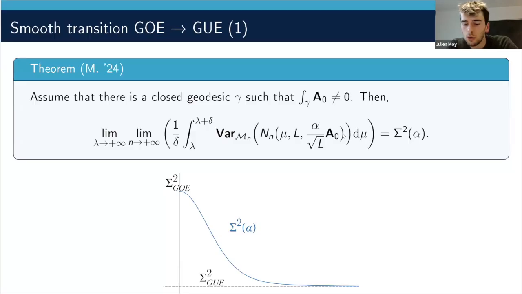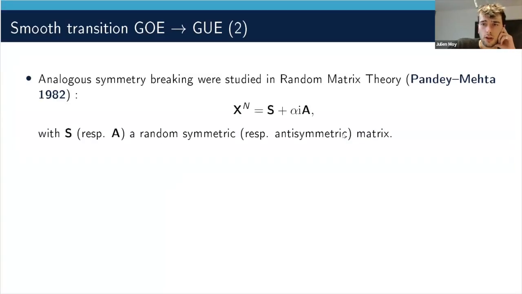Okay, so I want to point out that there is an analogous way to break time reversal symmetry in random matrix theory. And it was done actually quite long ago, in the book of Mehta. One breaks time reversal symmetry starting from the Gaussian orthogonal ensemble, by adding a small random antisymmetric matrix to the GOE matrix.